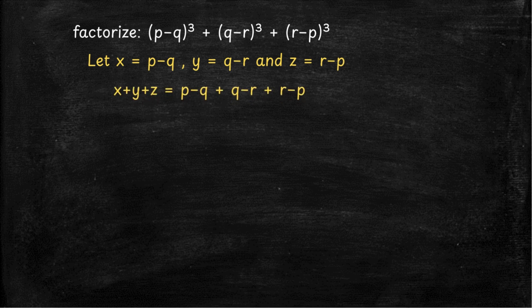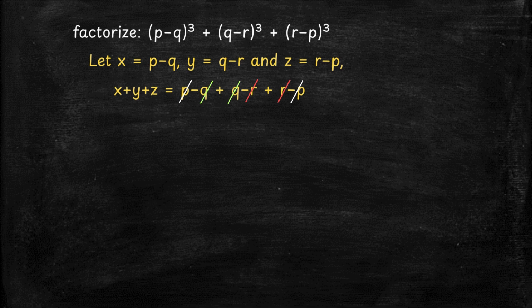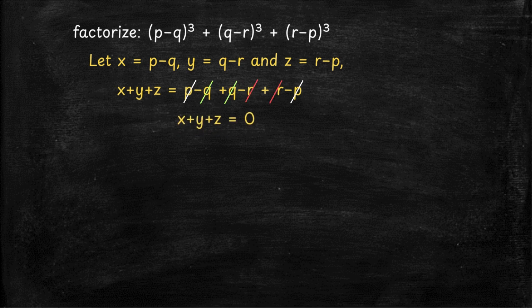On adding x plus y plus z, we get p minus q plus q minus r plus r minus p. So p and negative p get cancelled, negative q and positive q get cancelled, and r and negative r get cancelled. So we get x plus y plus z as 0.